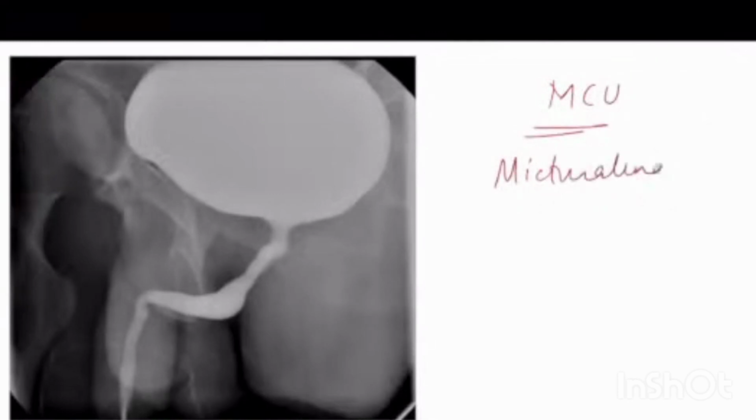So now tell me very logically, micturating cystourethrography. If somebody is micturating while you are imaging, will it be in the physiological direction? Yes, it has to be. So how do we put contrast in the bladder in the first place? The step that is involved is you first put in a Foley's catheter.